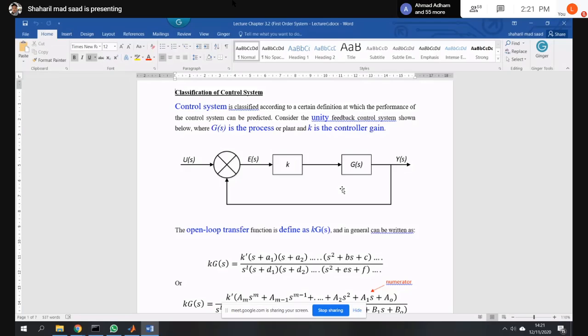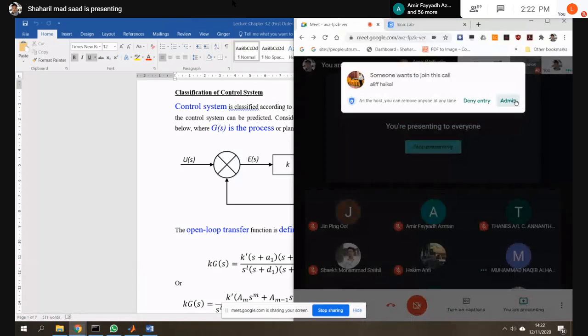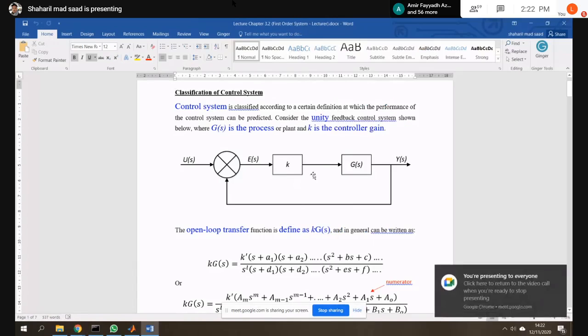So in order to plot and so on, we need to know the system itself. That means we need to classify the system first.